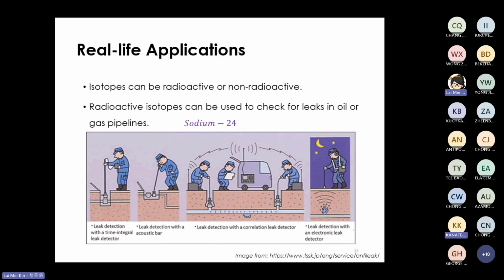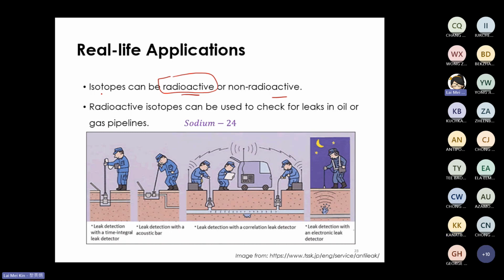So what are the uses of isotopes? Isotopes can be radioactive or non-radioactive. Some of you will feel that radioactive means it's going to kill me. Not necessarily. Even the bananas that you eat are radioactive, but it takes a lot of bananas to kill you. Don't look at the word radioactive and be very afraid.